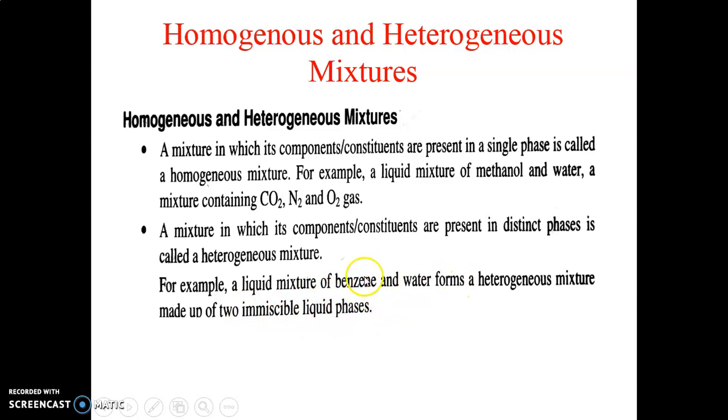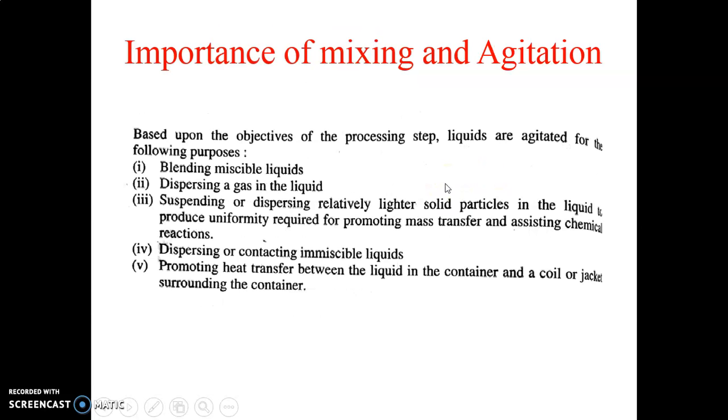That means these two liquids do not mix with each other. Or you can add liquid and solid, or gas and liquid. So when the components are present in different phases, that is called a heterogeneous mixture. When the components are present in the same phase, that is called a homogeneous mixture.